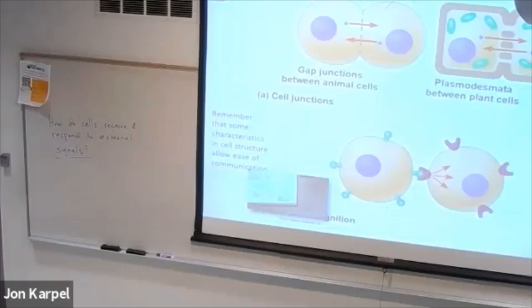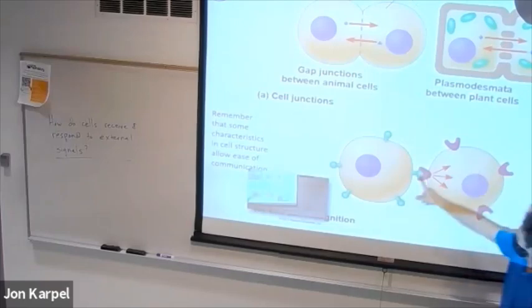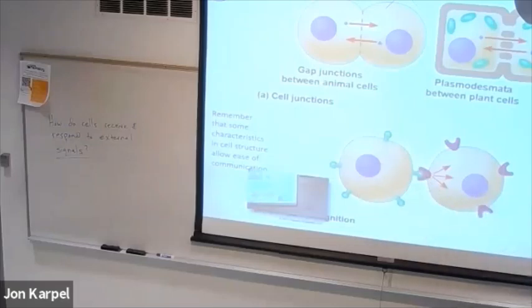They can communicate with each other using small ions, for example. Plants have the same kind of idea; it's called plasmodesmata. But most other cells are going to have proteins on the outside of the plasma membrane that are going to be required as part of this communication.